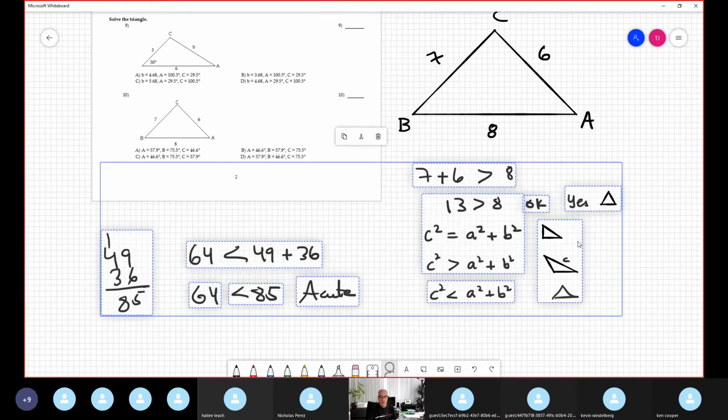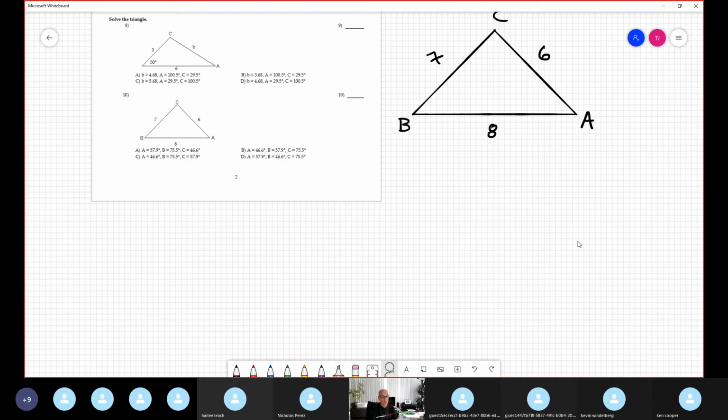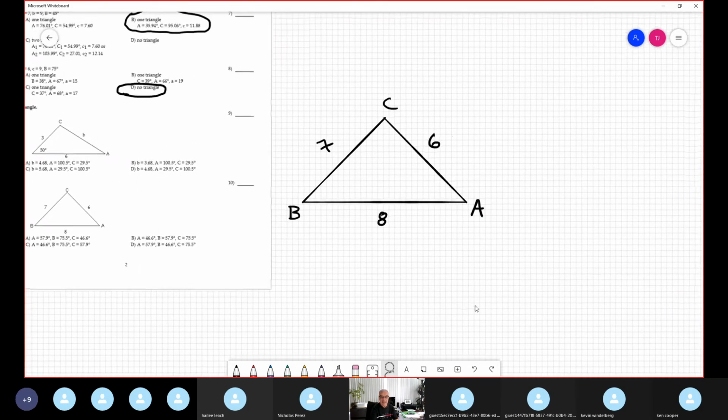Let's move on directly to the problem. We have no angle, so you definitely apply side-side-side. I need to know if you remember the law of cosine.